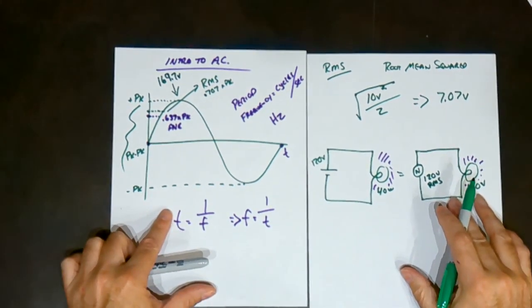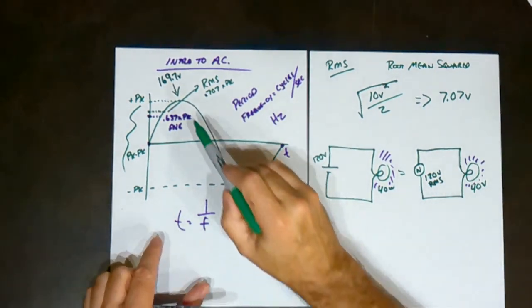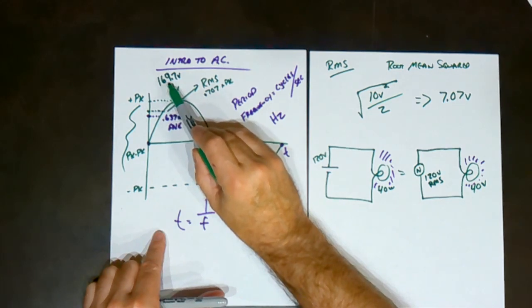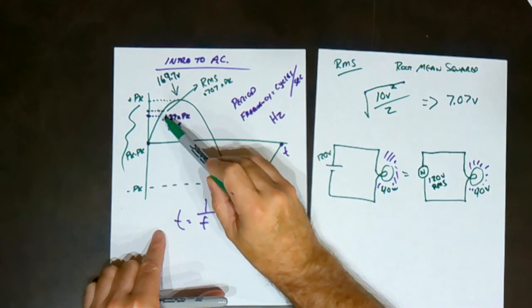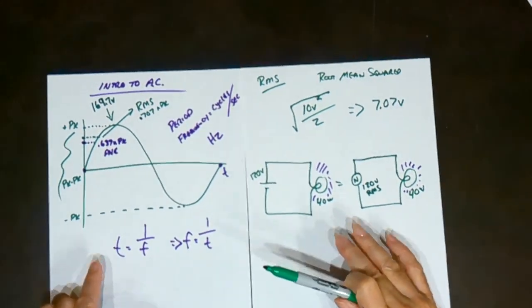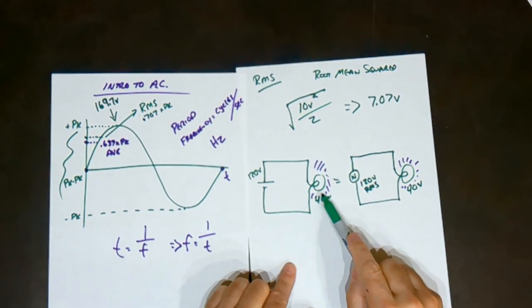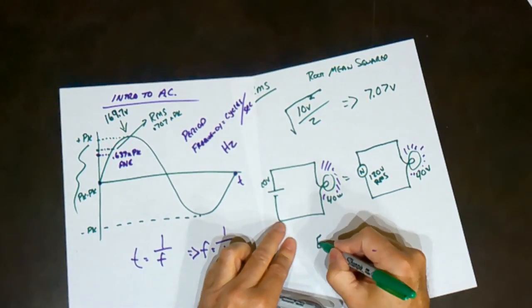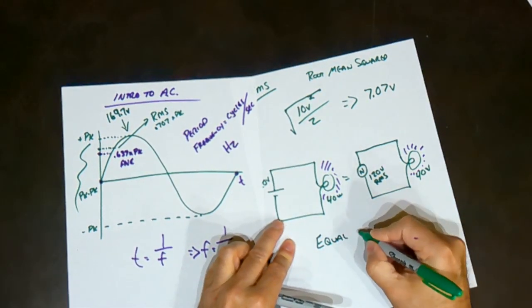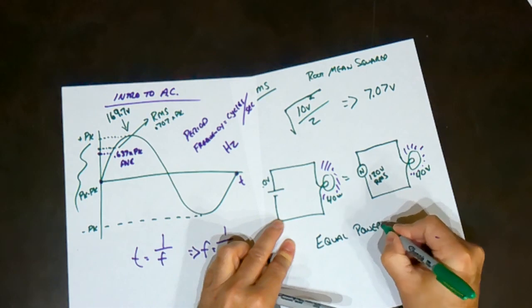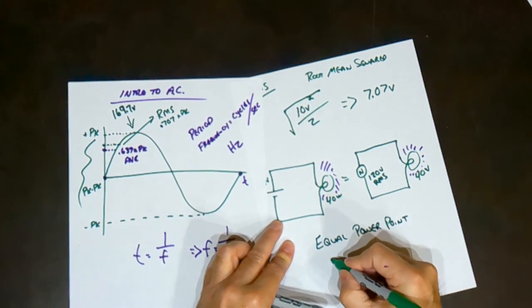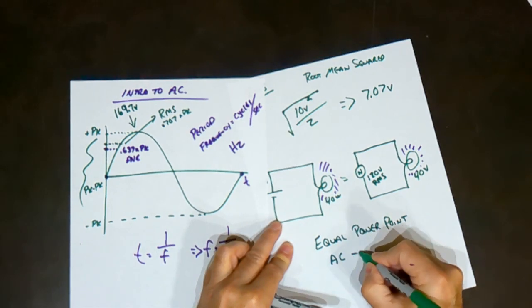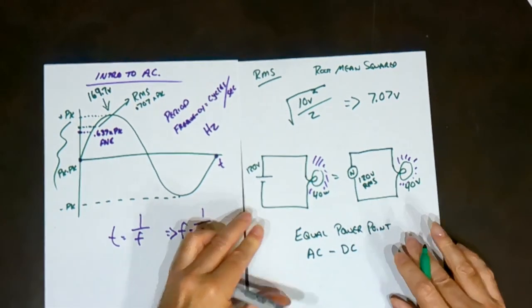So when I apply my waveform, it will have a peak value of 169.7 volts, which gives me an RMS of 120, which would match the power here. So it's an equal power point between AC and DC.